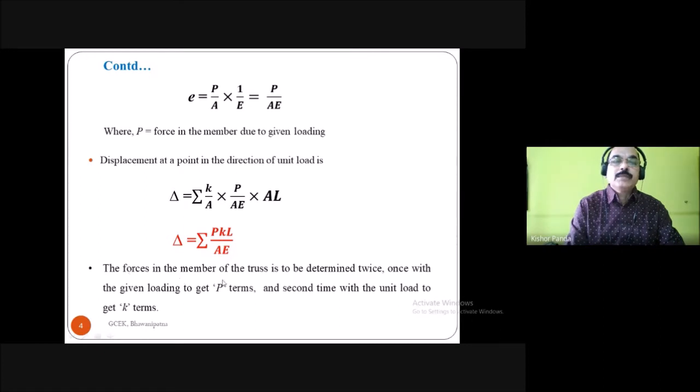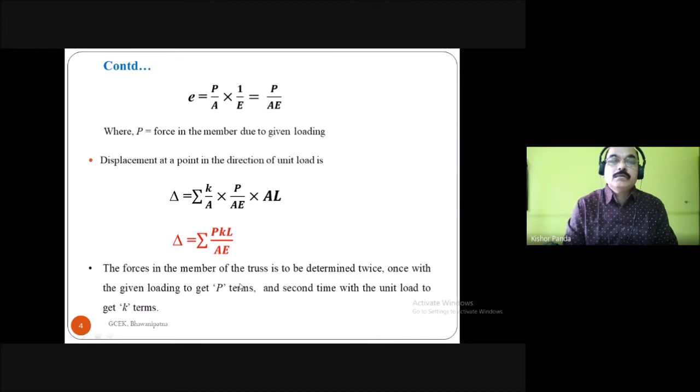The forces in the members of the truss are to be determined twice. Once with the given loading to get the P terms, and a second time with the unit load to get the K terms. So you have to take the analysis of the truss twice.